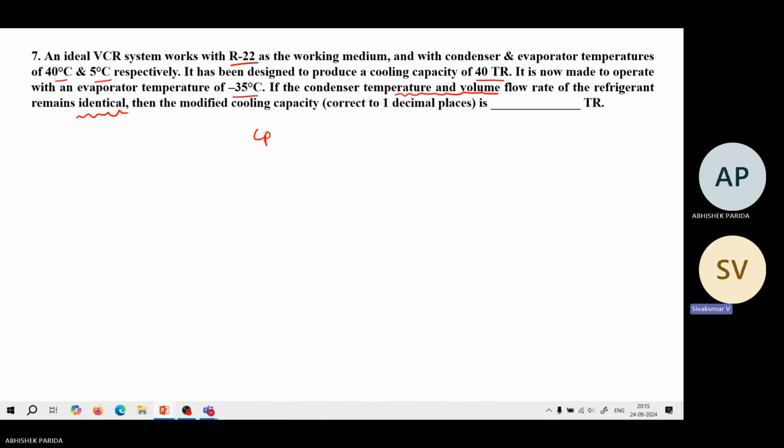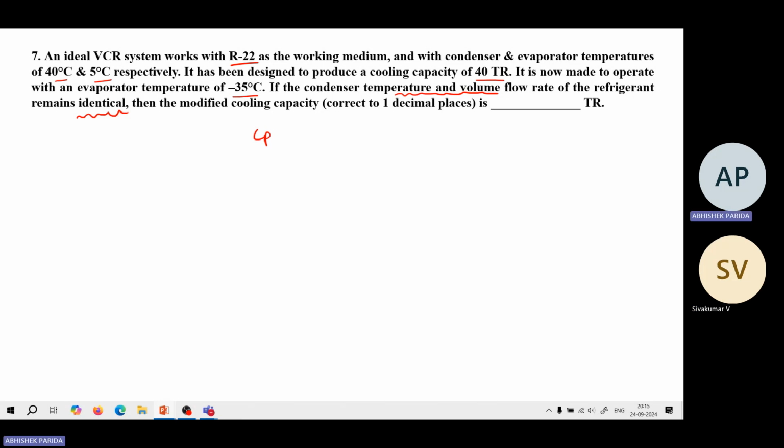Work input increases, so obviously COP will decrease. But in the meantime, the volume flow rate is kept constant, so to maintain the same volume flow rate, we need to adjust the mass flow rate. So I thought almost the same cooling capacity will take place. Okay, but for that you need to have the density also. Yes, sir.